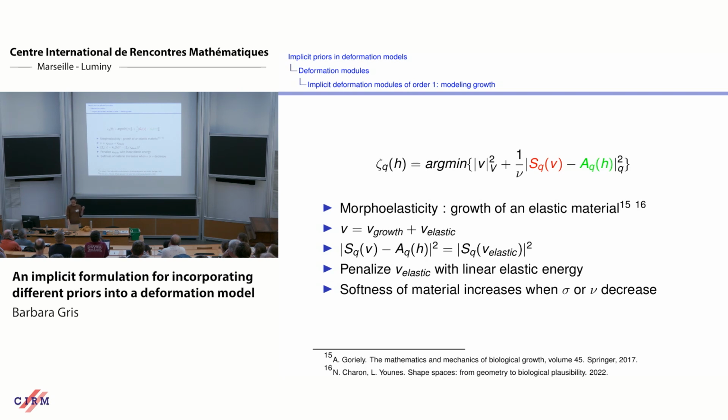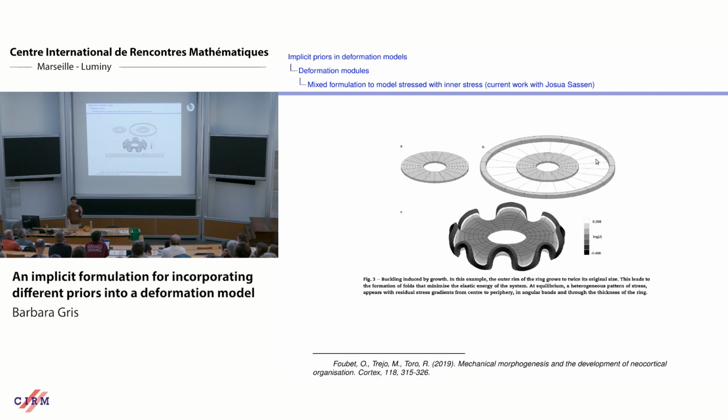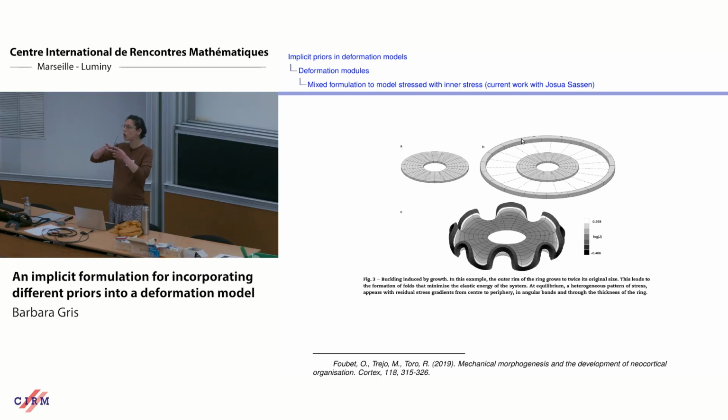The question now is, can we, with this, recover typical growth patterns that happen with the morphoelastic formulation? This is one example, which is the growing ring. So you have a flat ring such that the outer rim has a uniform growth, okay?